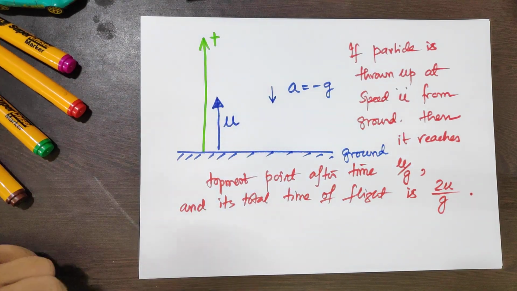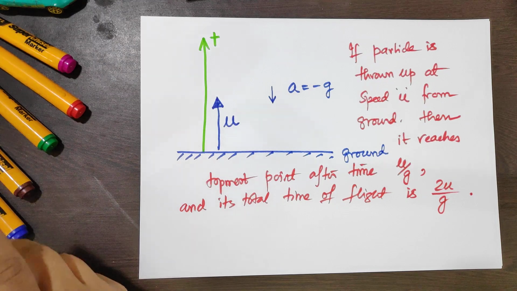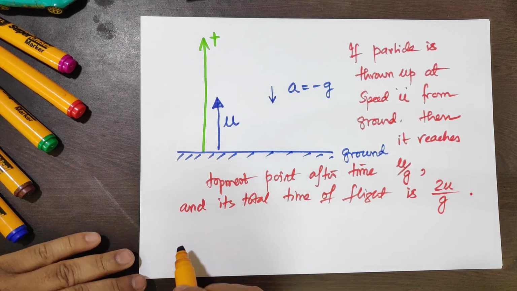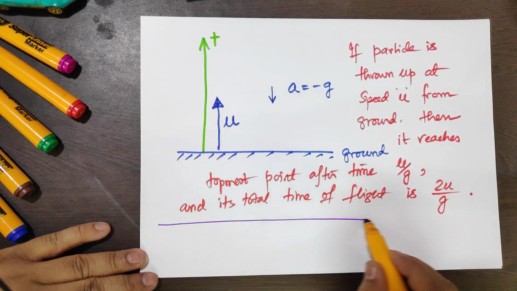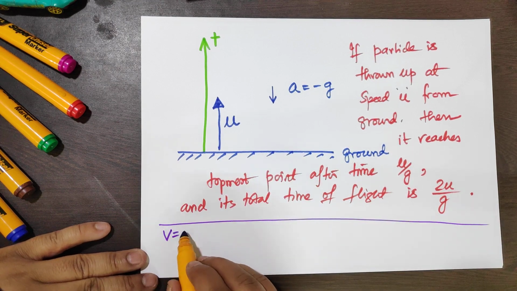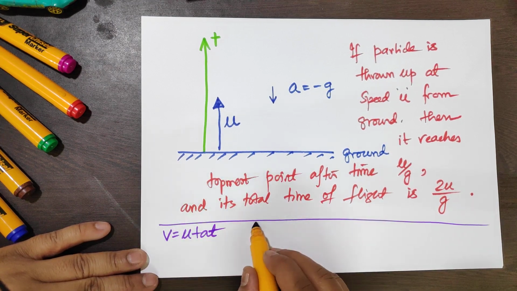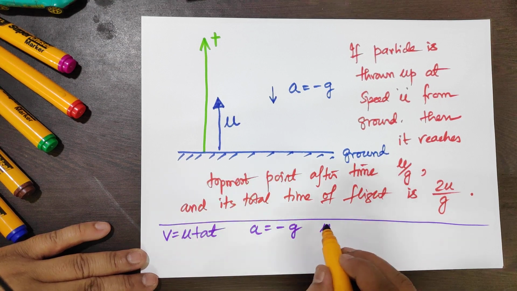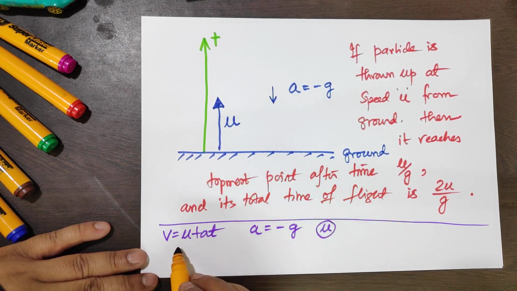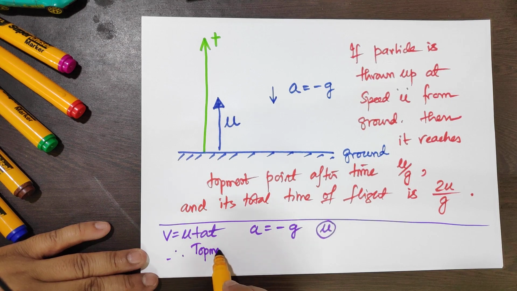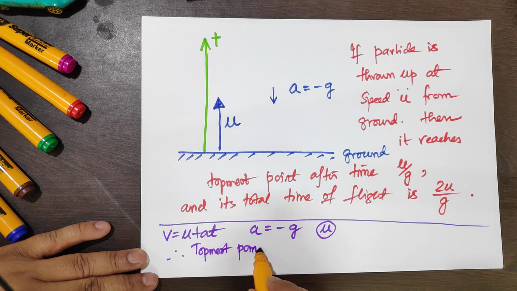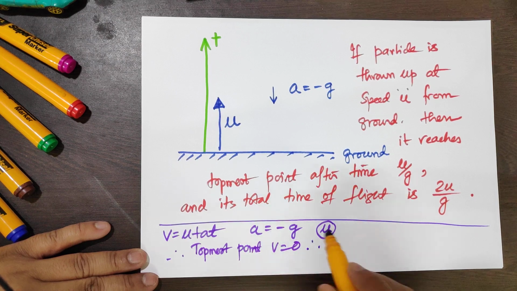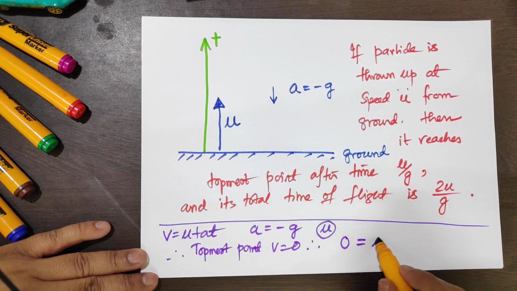Simple. That is what we had done in the last problem. So there just put v equal to u plus at, put a equal to minus g, and that u is same as u. So therefore at topmost point v equal to 0, so put 0 equal to u minus gt.